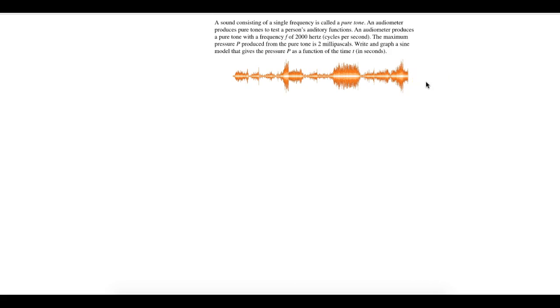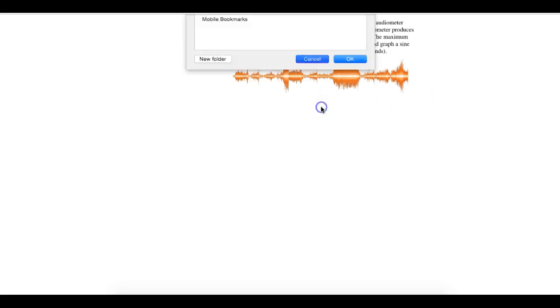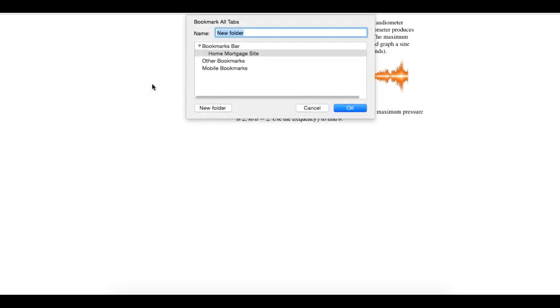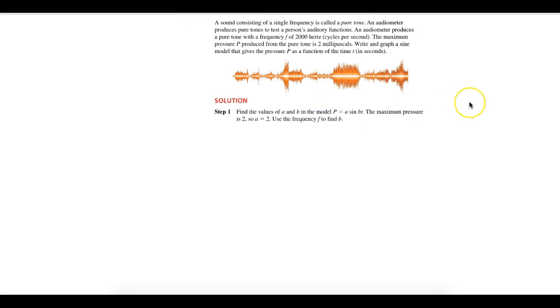The relationship between period and frequency is as follows. We've got the period is equal to 1 over the frequency. Let me make this a little bigger. Period is equal to 1 over the frequency.